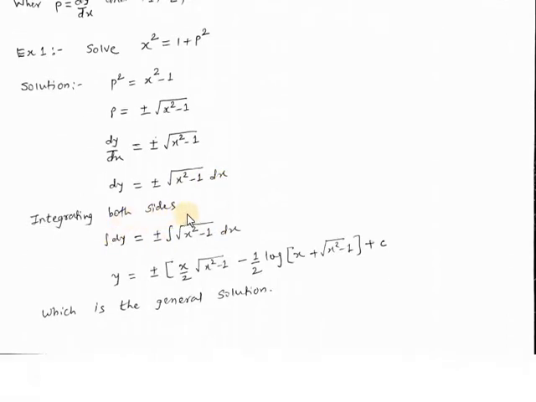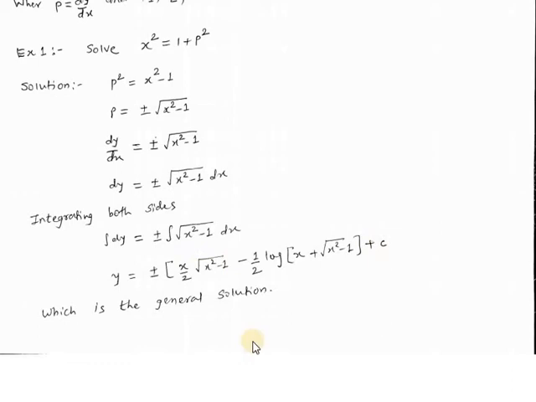Now integrating both sides, integration dy is equal to plus or minus integration under root x square minus 1 dx. So what is the integration of 1 dy? It will be y. And integration of under root x square minus a square will be x by 2 under root x square minus a square minus a square by 2 log in bracket x plus under root x square minus a square.